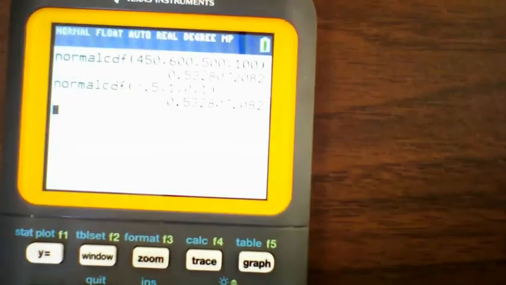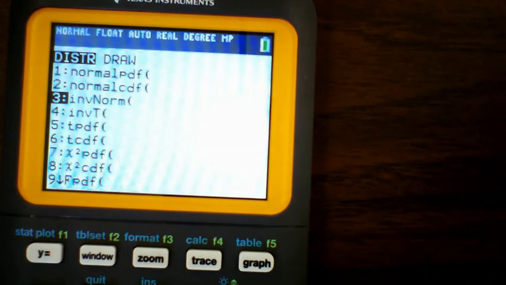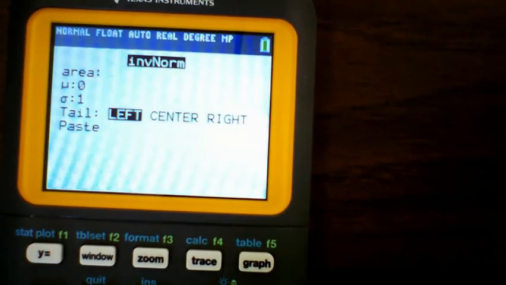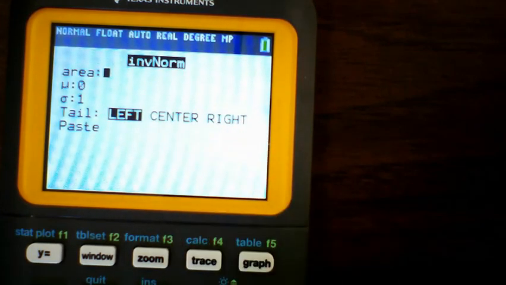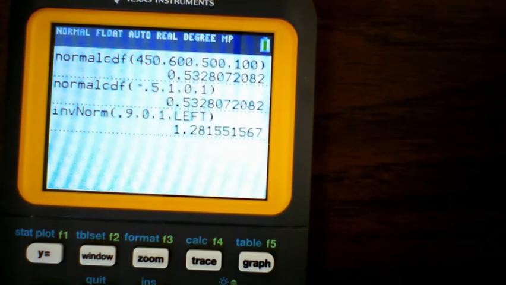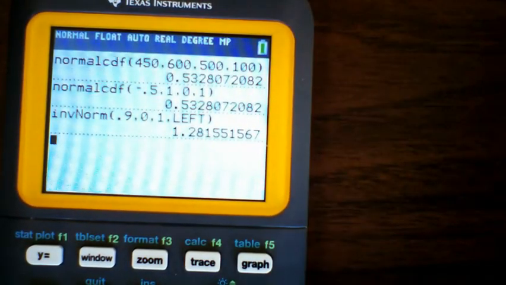So, okay, second distribution, inverse normal is right under normal CDF. And I say my area, this one will ask you about the area. I'm going to just do area 0.9 since I know that that's the area to the left. And I can paste. That's the z-score for being at the location that we are.